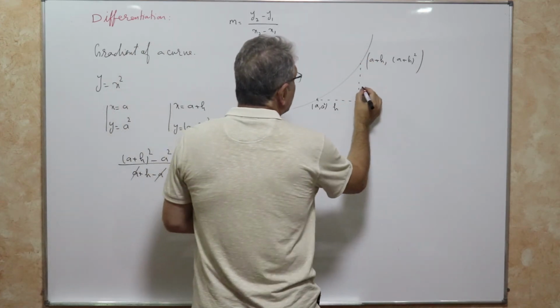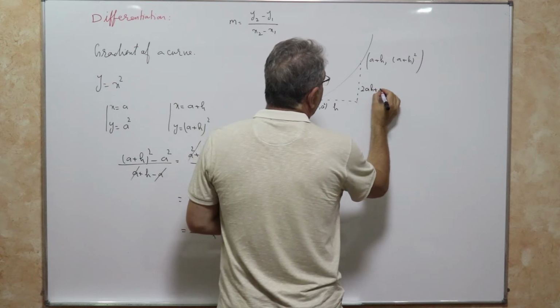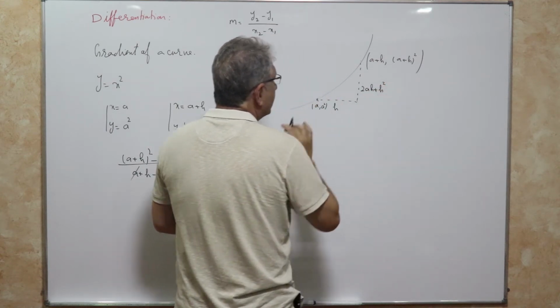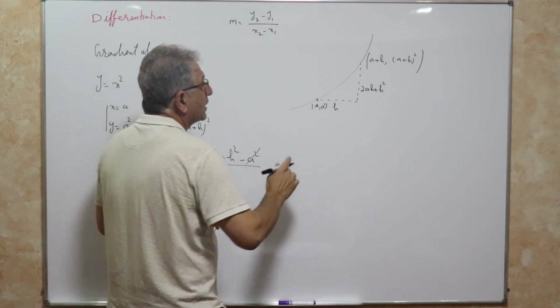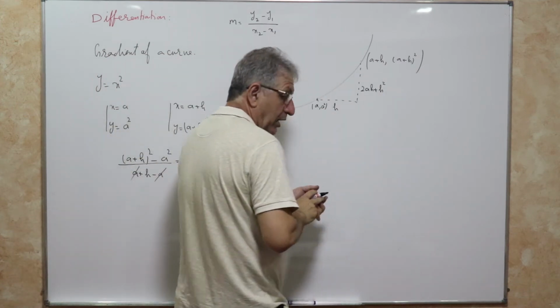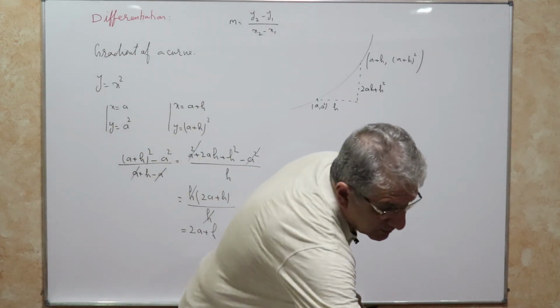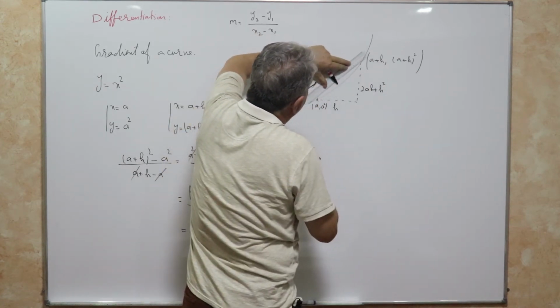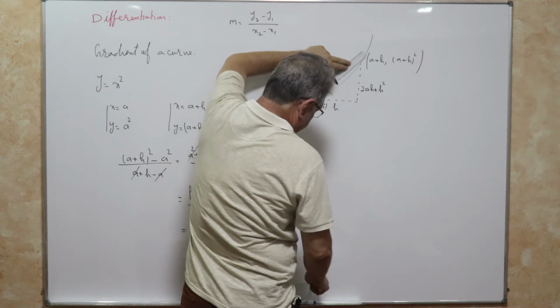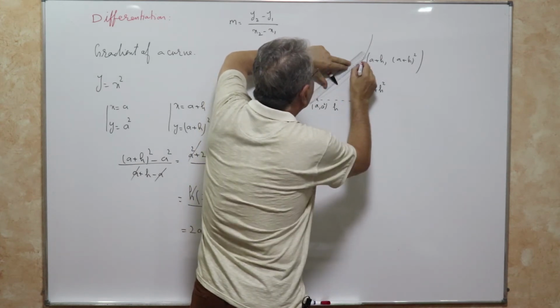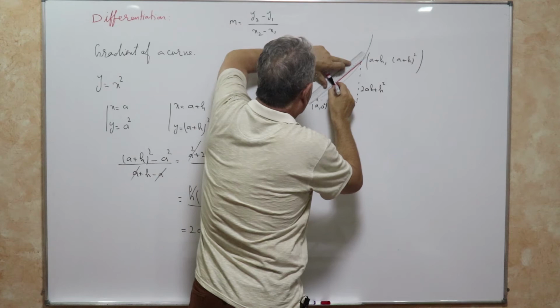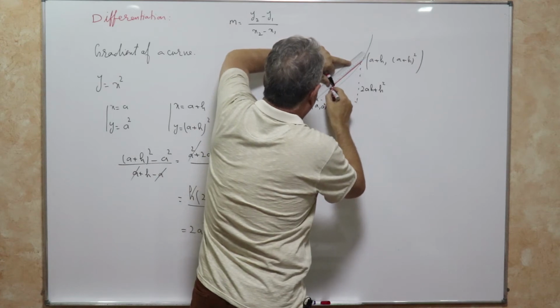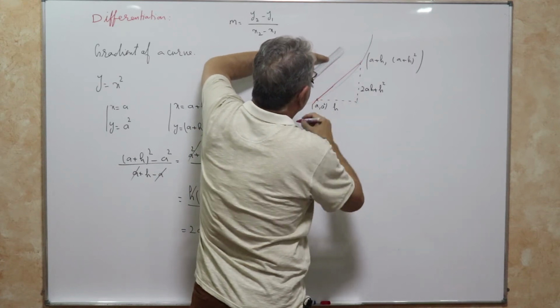We got 2ah plus h squared. Then I divided these two, and I got the gradient of this line. You can see that is the gradient of this line.